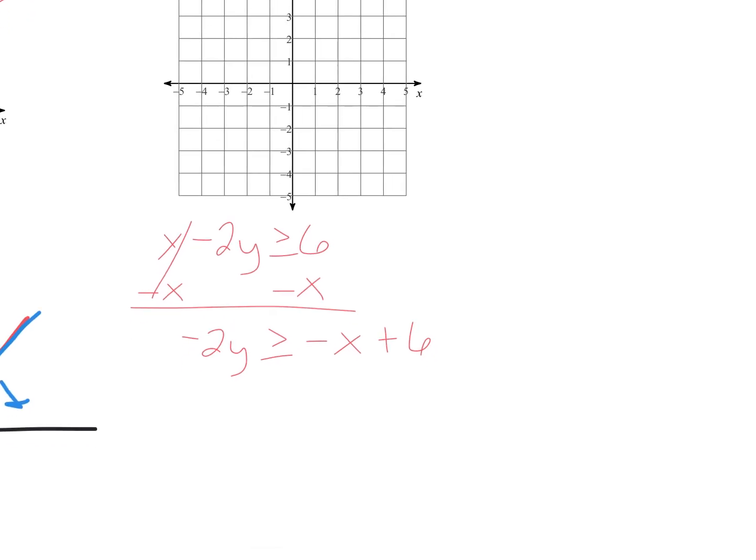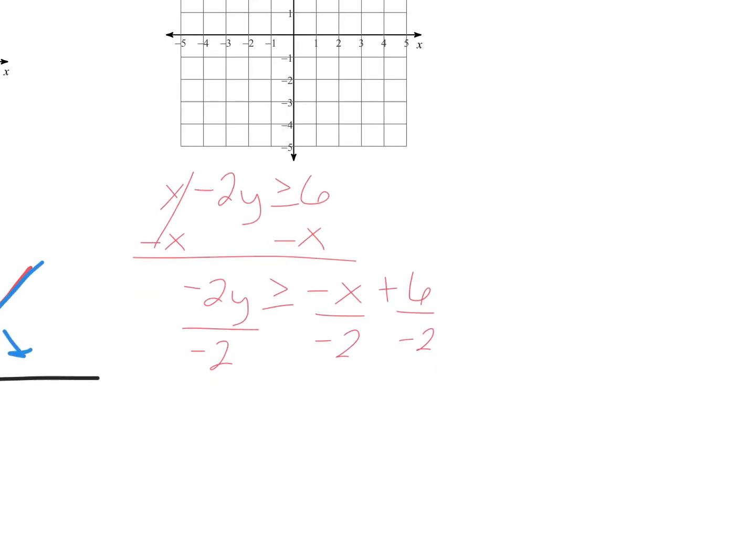What do I need to do next? Divide by negative 2 to everything. What's going to happen? Y. Yep, I divided by a negative, so that means my original sign needs to flip in the other direction. So then I have, what is my slope now?